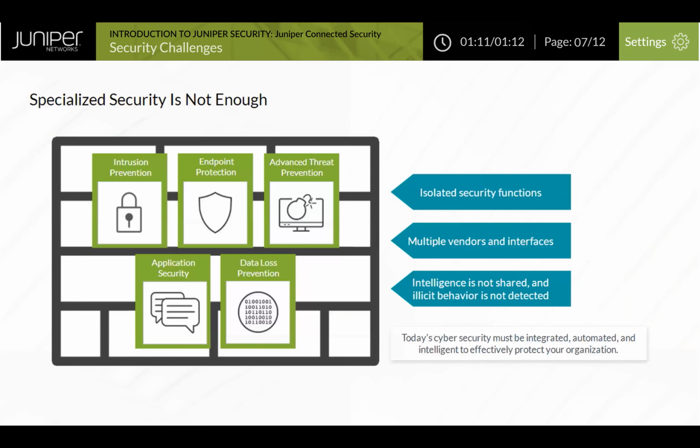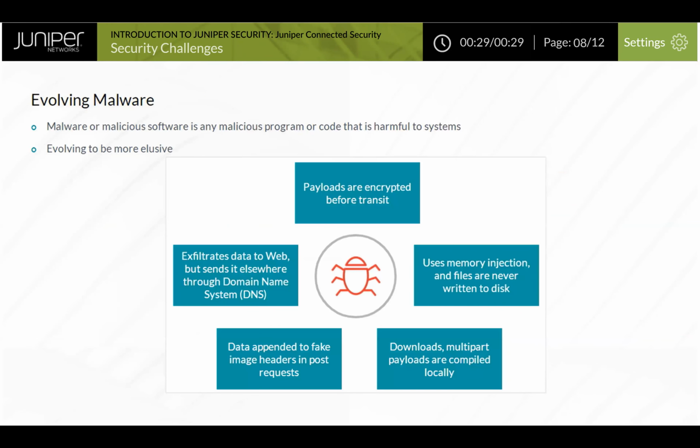Otherwise, we are in trouble. Specialized security is not enough, such as intrusion prevention, that means IPS, endpoint protection, maybe antivirus, and advanced threat prevention, like ATP, which connects through the cloud. These are specialized security features that are implemented in the firewall.